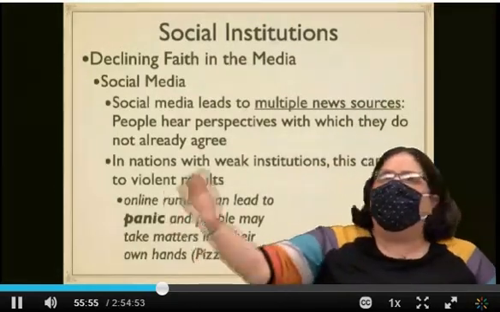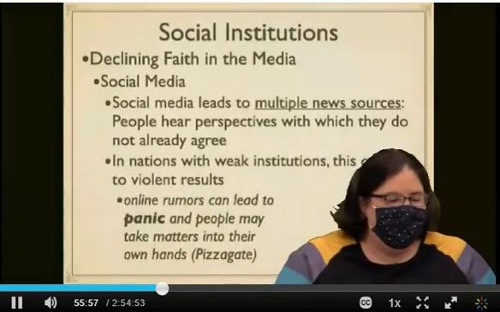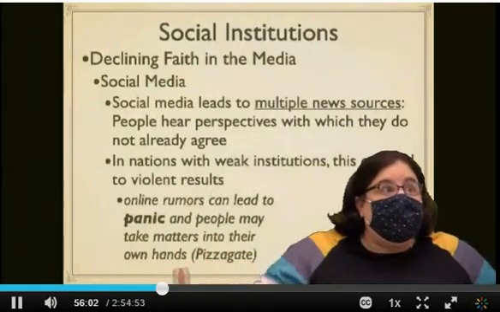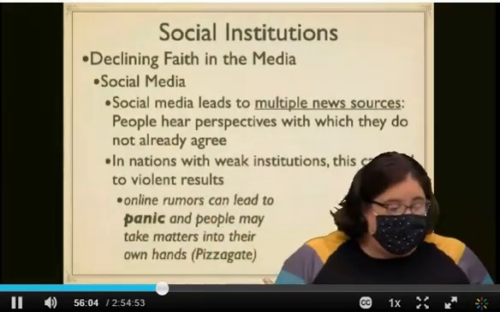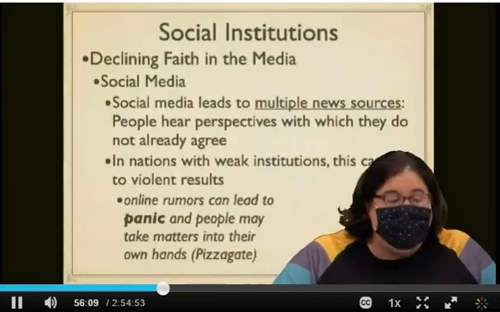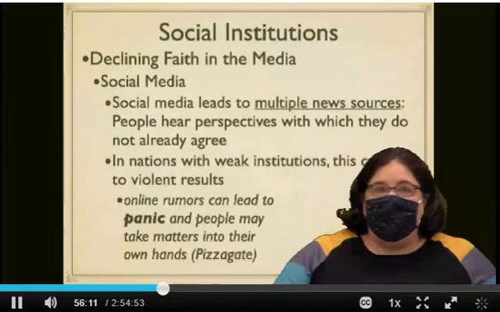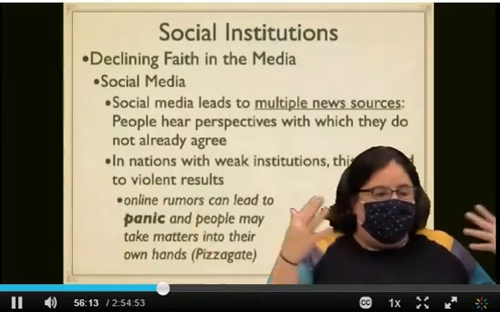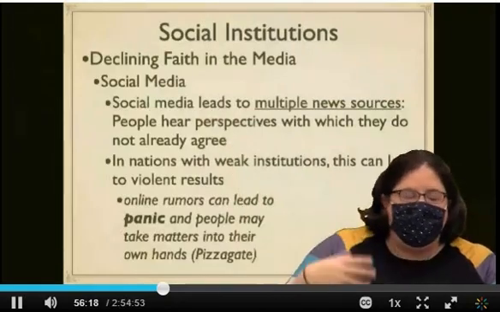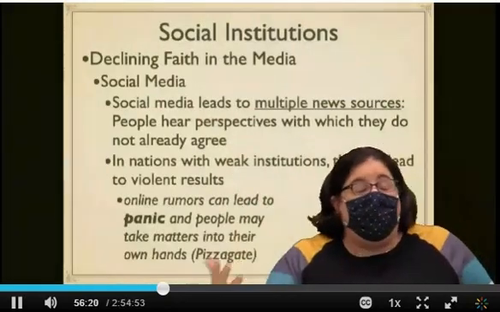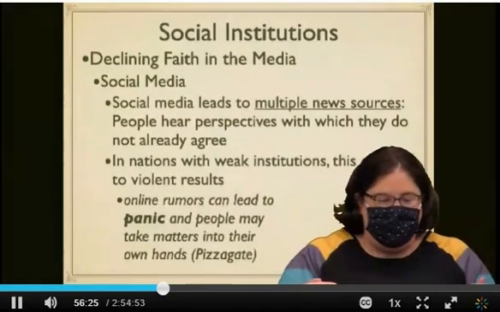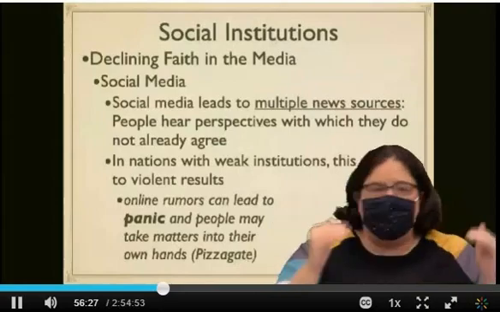And if we've got very few reliable sources of information, and people don't feel protected by their government or their police or their institutions, of course they're going to panic when they're faced with something scary, like a pandemic or a sex trafficking ring or whatever. And the websites, social media in particular, and Facebook has admitted this in court, are programmed to promote whatever gets the most attention, not whatever is the most accurate.